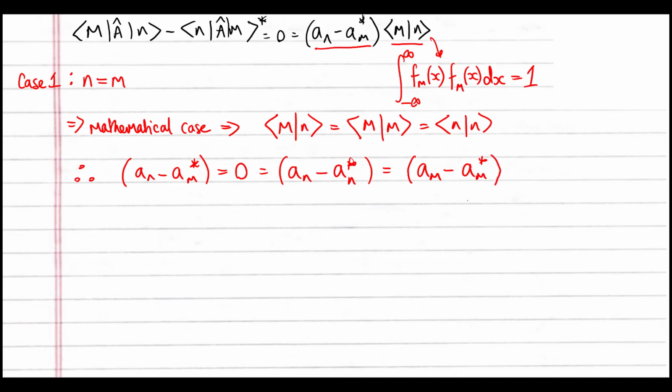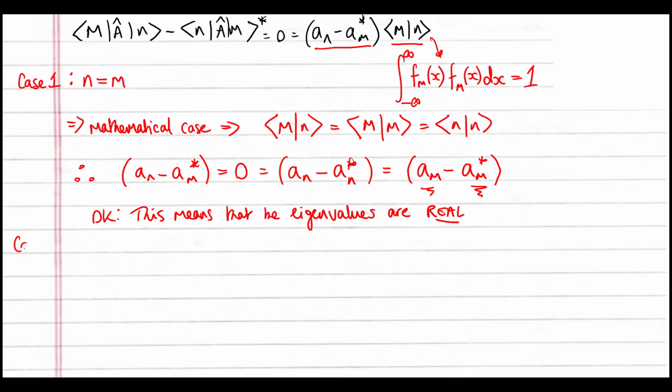Effectively, this means that the eigenvalues have to be real. In other words, the complex conjugate has to be the same as the original eigenvalue. This makes sense because eigenvalues have to be measurable, so we can't have a complex number for an eigenvalue. This is quite an interesting conclusion from this case 1 situation.